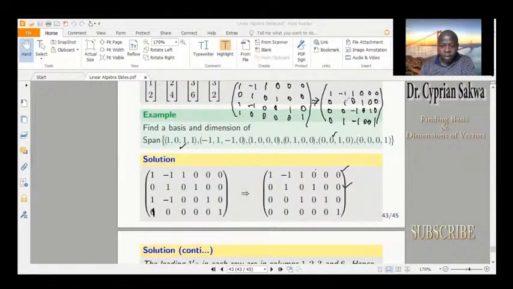So when you subtract this row from this row, 1 from this, it will give us 0 here. It will become a 0. Then 0 from negative 1, I would get negative 1. Then 1 from 0, I would have negative 1. I would have negative 1 in this position.